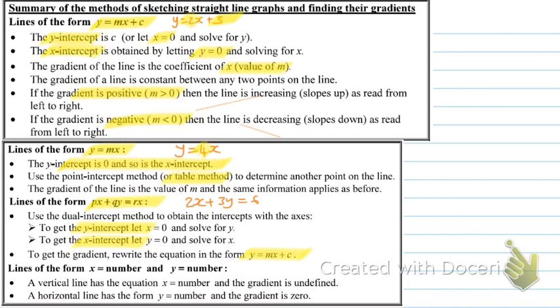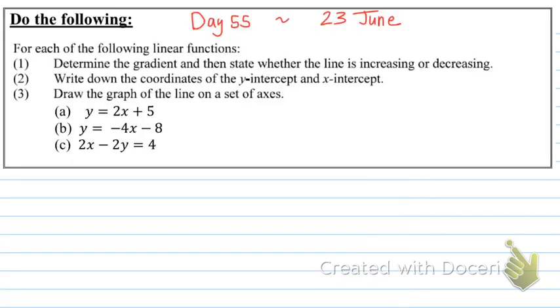Then there are lines of the form x is equal to a number and y is equal to a number, like x is equal to 3 or y is equal to negative 2. When I have x equal to a number, I have a vertical line with an undefined gradient. When I have y equal to a number, I have a horizontal line with a gradient of 0. That's just a summary of everything that we've learned so far.